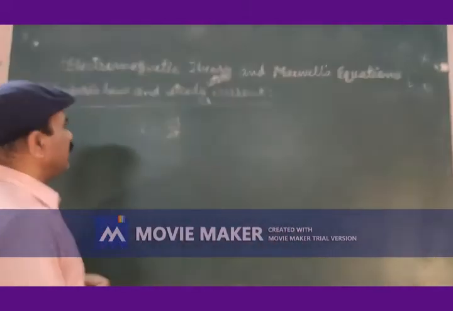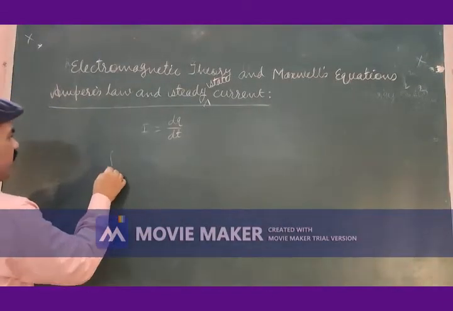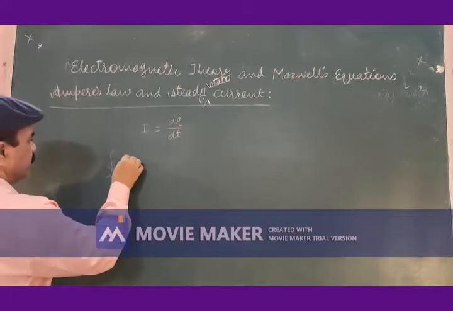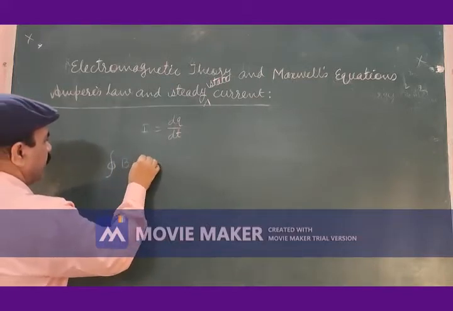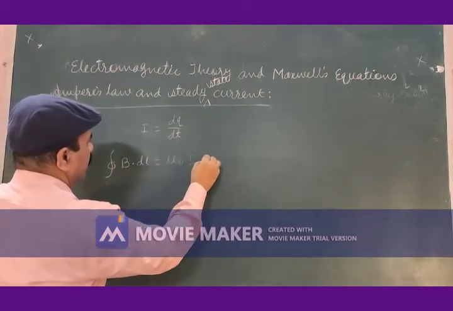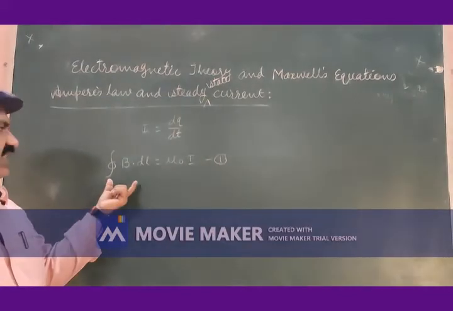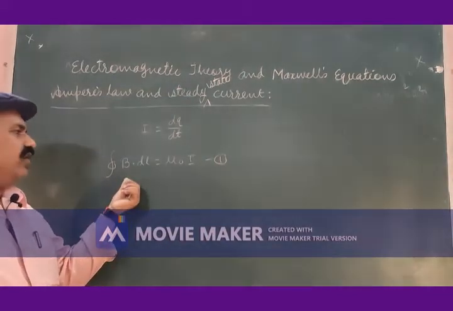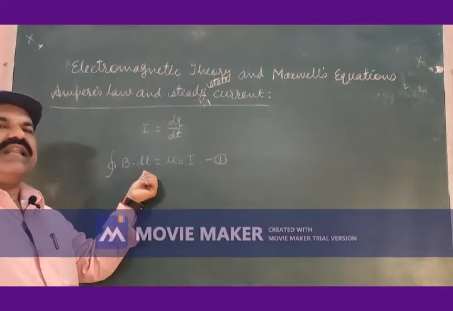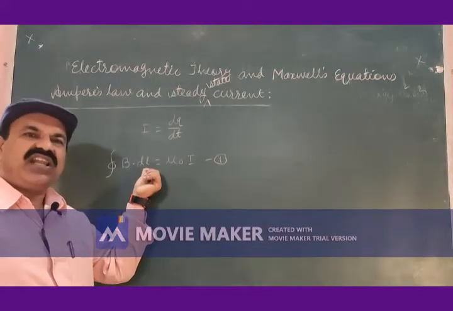The mathematical statement of Ampere's law or Ampere's circuital law is this: line integration of B dot dl. What is B? Magnetic induction. What is dl?